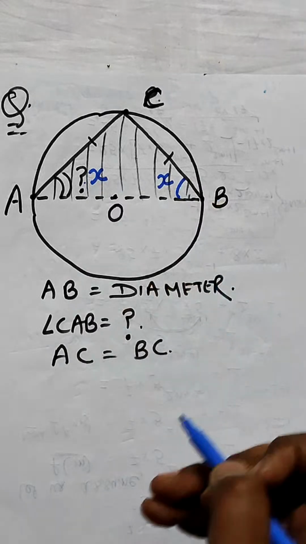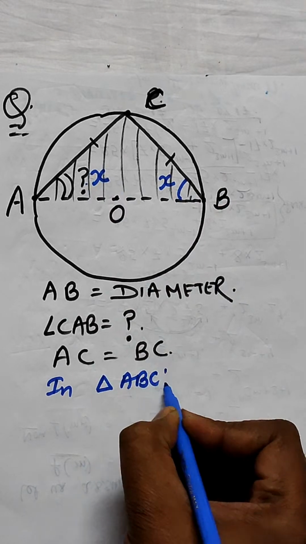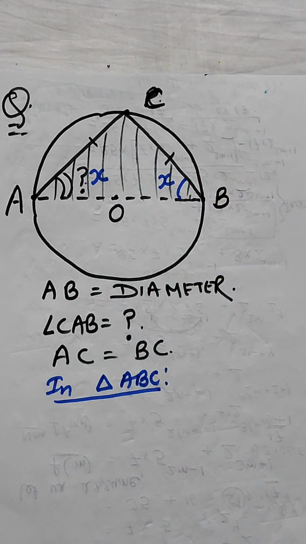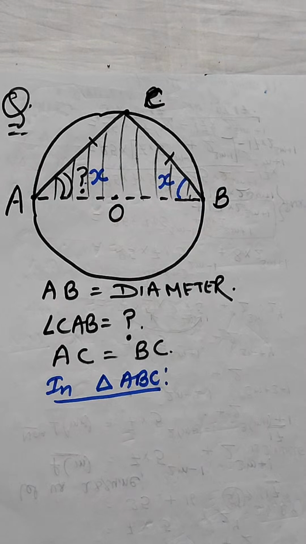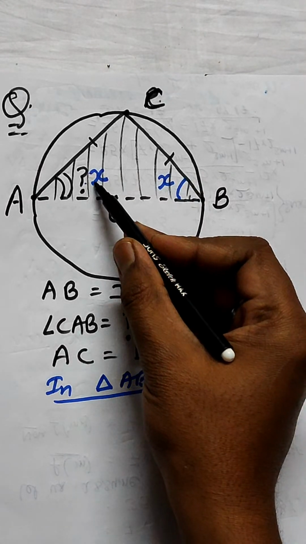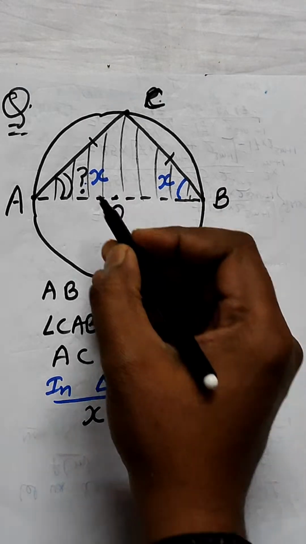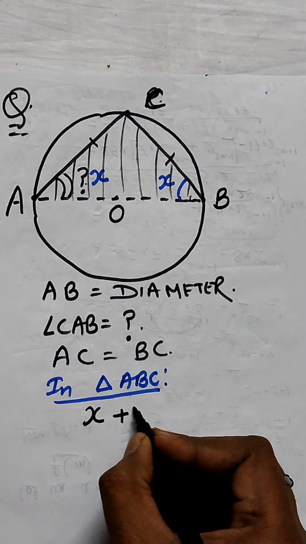So we can say that in triangle ABC, the sum of all the angles of the triangle is 180 degrees, right? So just apply the same. x will be added with x. x is one of the angles which we have to calculate, and this angle B is also equal to x.